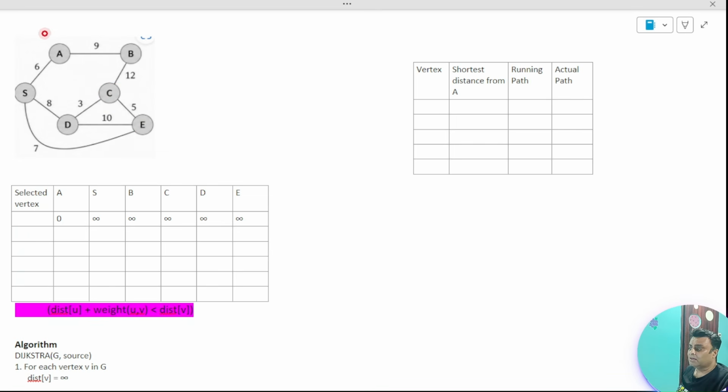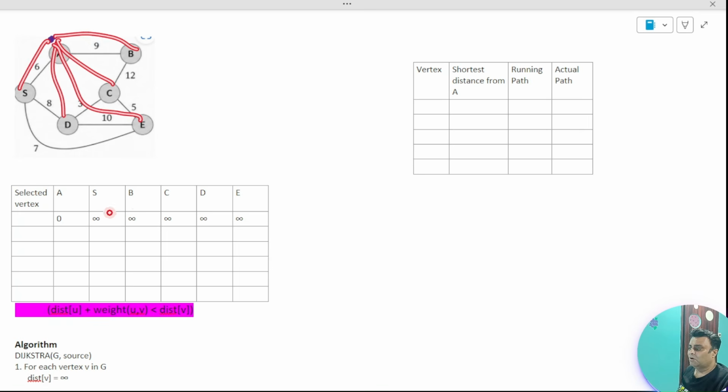So I will also say that I'm trying to reach A, and I will assume that I reach A with 0 cost because I'm just outside A. For the rest, because I'm outside at this point, I am not connected to any of these points.